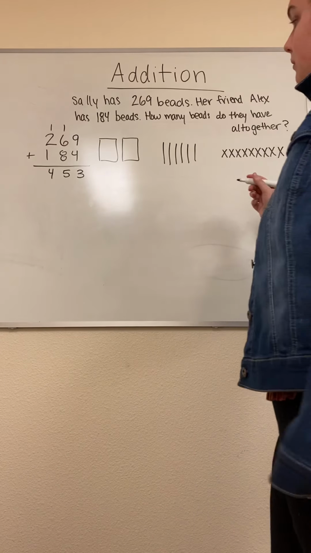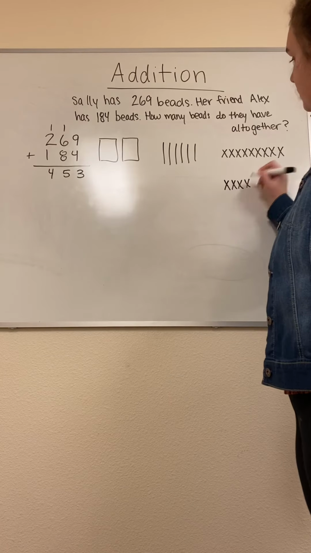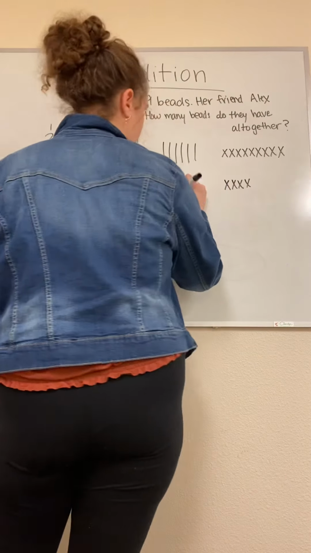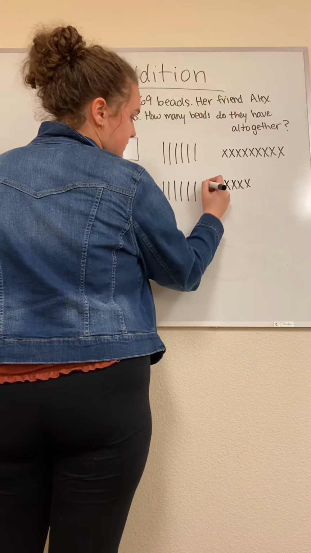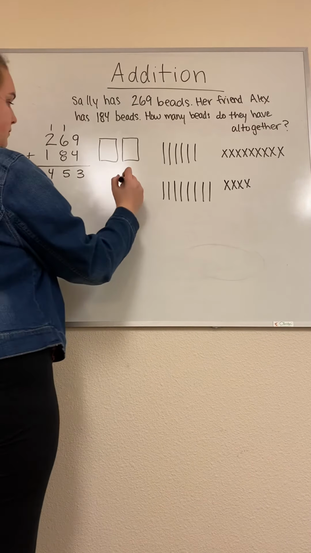Then we're going to show 184, which has 1, 2, 3, 4 ones, 1, 2, 3, 4, 5, 6, 7, 8 tens right here, and then 1 hundred.